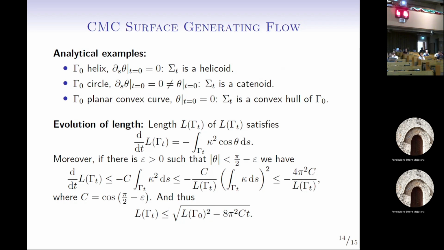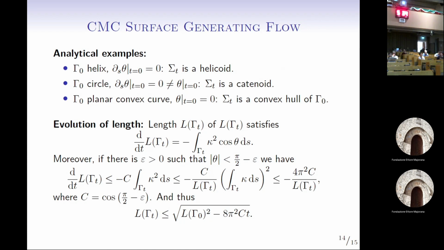We can have examples which don't have positive torsion. For example, a planar convex curve, with this trivial initial configuration of the theta parameter, will create a convex hull, which is a trivial minimal surface, and with the example of a circle we can also create catenoids and so on.